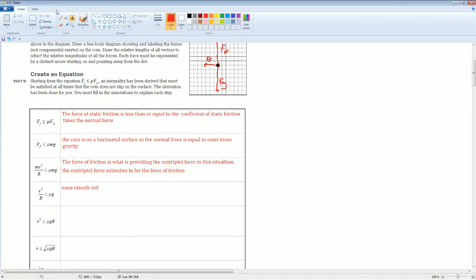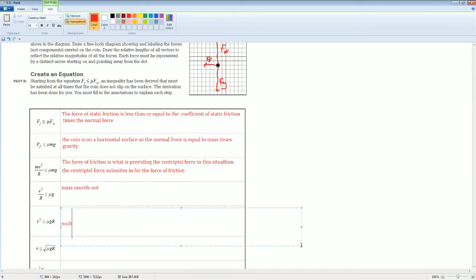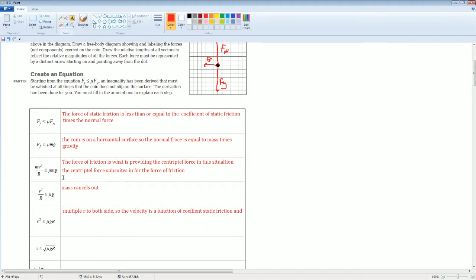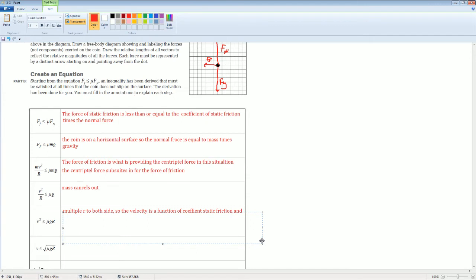Next, they multiply by r to both sides. So the velocity squared is a function of the coefficient of static friction and the radius.